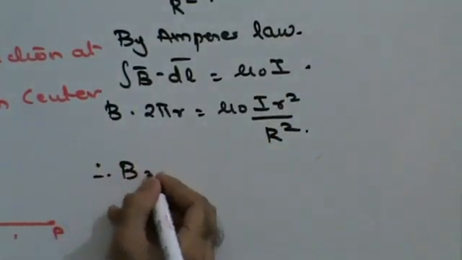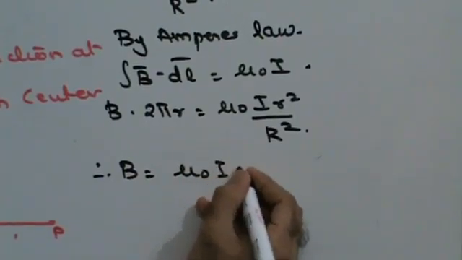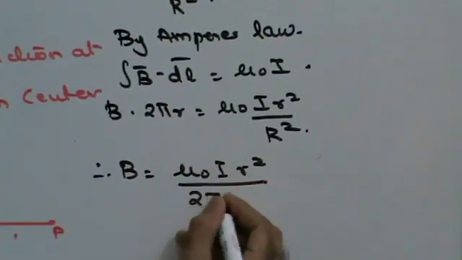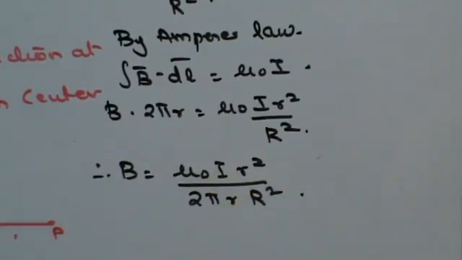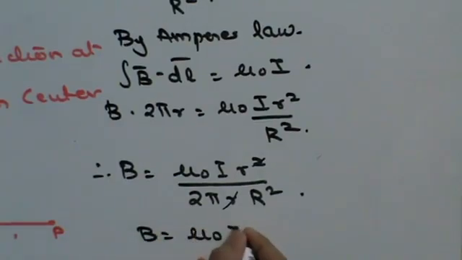Thus I can say that the magnetic induction is mu 0 I r square upon 2 pi r into R square. r and r get cancelled, so the magnetic induction is mu 0 I r upon 2 pi R square.